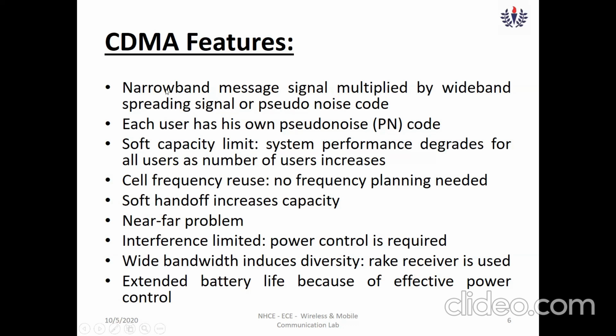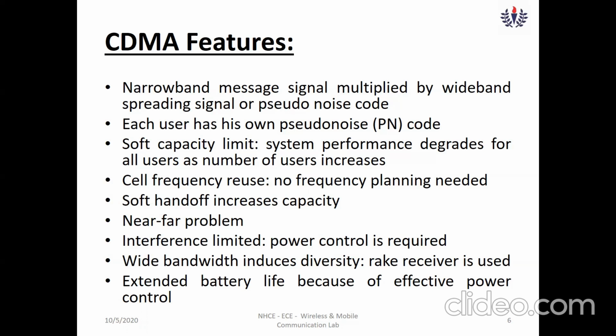This particular CDMA concept is used in cell phone communication. There is frequency reuse, no frequency planning needed, and soft handoff increasing capacity. Handoff means when you transfer from one mobile tower to another mobile tower; if you use CDMA, it will be very smooth. Near-far problems and interference can be limited, and wide bandwidth provides diversity.